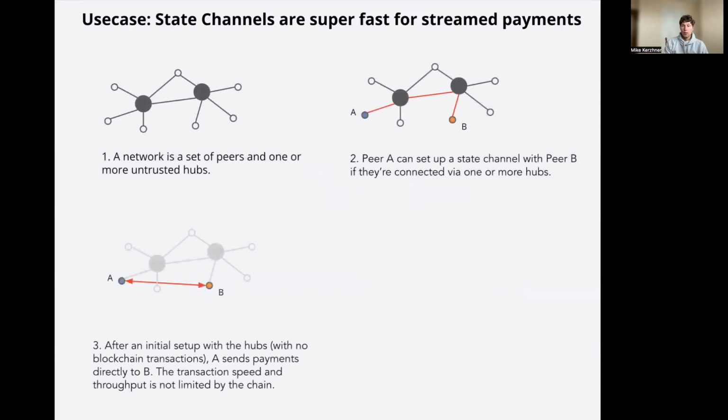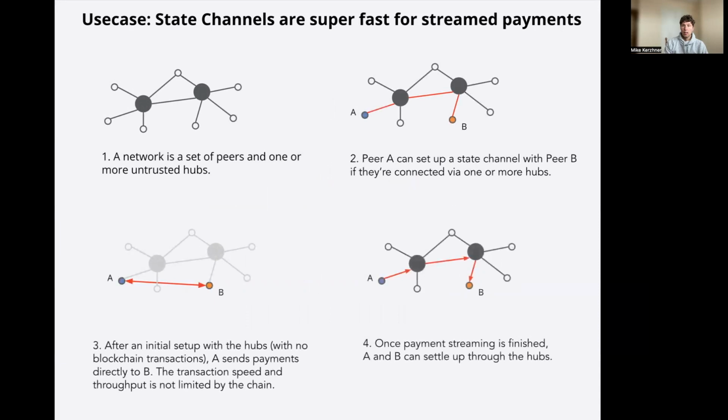A really compelling use case for state channels is streaming payments. This is a set of steps that describes how in a payment network, node A can connect to node B and establish a direct channel. Initially, node A needs to perform one blockchain transaction to connect to the network, and node B needs to do the same thing.